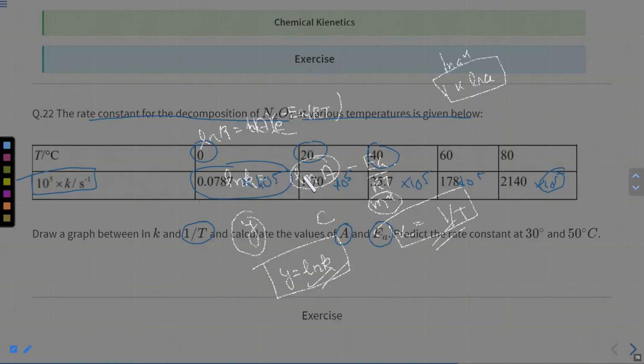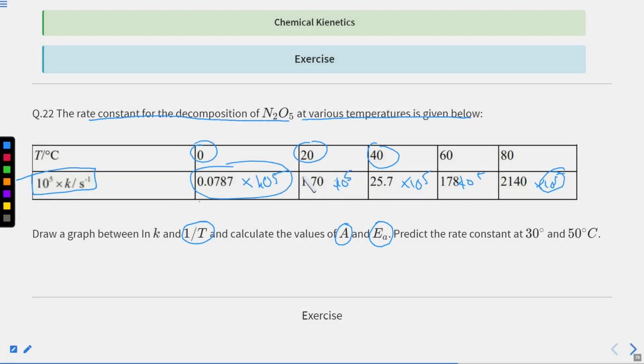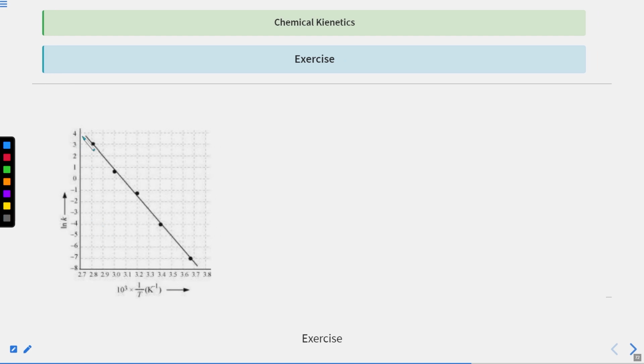A will be nothing but the intercept. Whatever this value is, suppose it comes as x, that will be your ln A. A will then be e to the power of that intercept. So extrapolate this line further with your scale, and wherever it cuts the y-axis will be your ln A value, your intercept.